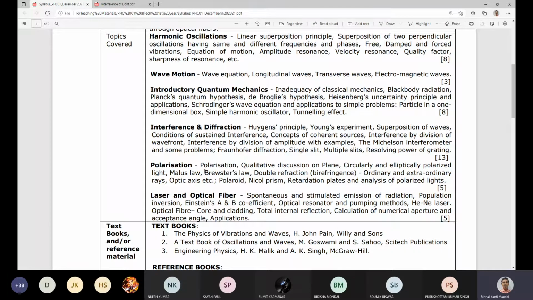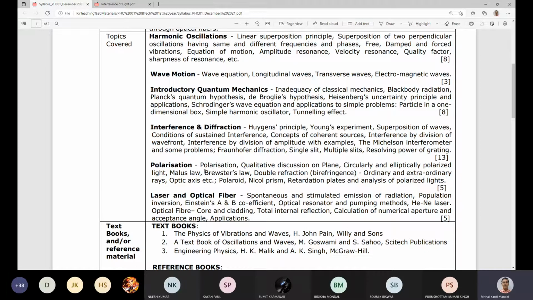Qualitative discussion of plane, circular and elliptically polarized light. Then Malus law, Brewster's law, double refraction, that is the birefringent property of the material that gives the ordinary and extraordinary ray, optical axis, Polaroid, Nicol prism. There are some instruments which can produce polarized light. And retardation plate, analysis of polarization. This is up to polarization.